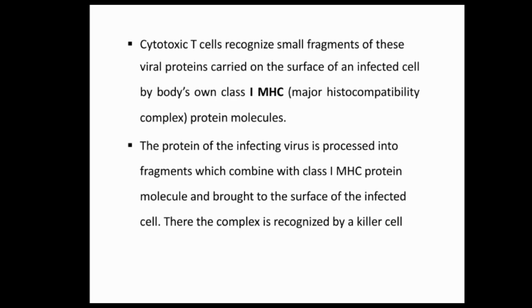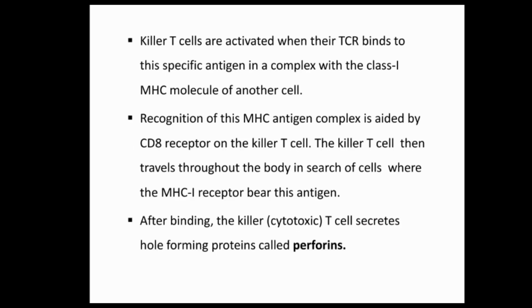In the picture I am showing you, you can clearly understand. The killer T cells are activated when the T cell receptor binds to a specific antigen in a complex with the class 1 MHC molecule of another cell. After binding, the killer T cells secrete perforins.